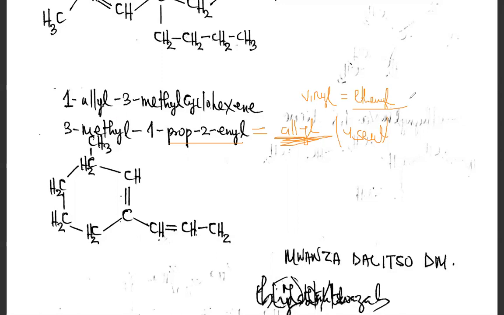If it's going to be butenyl, you're going to have 4 carbon atoms, but always with 1 hydrogen atom less. That is the idea. So what I'm trying to say is the norme usuelle will never be taught in one way, but we are supposed to know the norme usuelle of these different substituents.